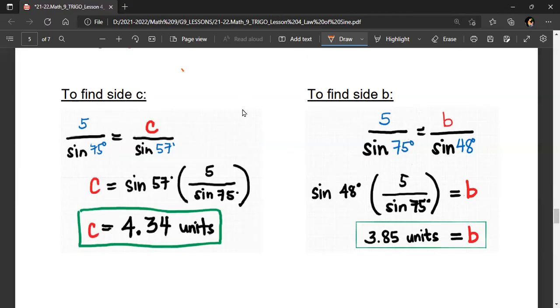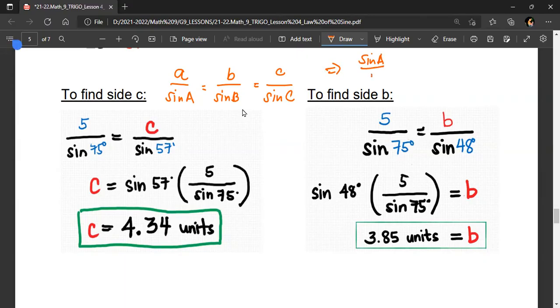So following the format of sine law, which is small letter A over sine capital letter A, small letter B over sine capital letter B, and C divided by sine capital letter C. In other books, they are using an inverted one where sine A over small letter A, sine B divided by small letter B, and sine C divided by small letter C. Whichever of these two, they are the same.